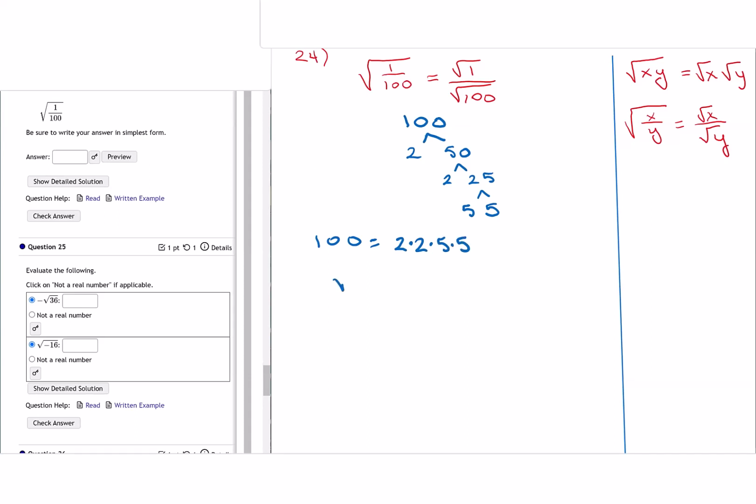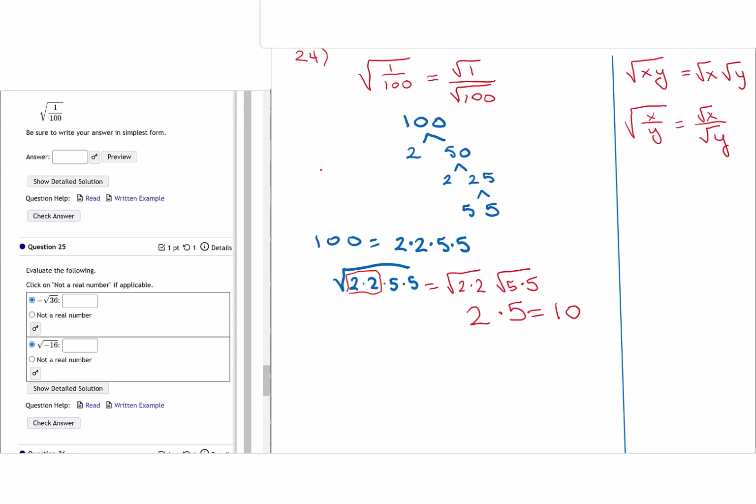And if I take the square root of that, remember I said for every 2 that are under the radical, I get 1. This is equal to the square root of 2 times 2 times the square root of 5 times 5. The square root of 2 times 2 is 2. The square root of 5 times 5 is 5. 2 times 5 is 10.